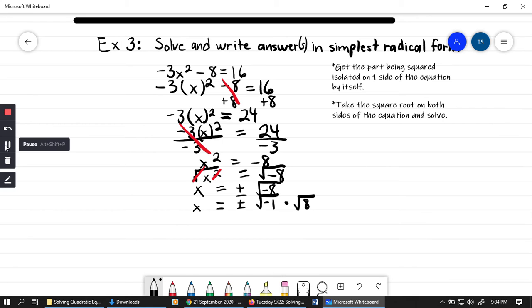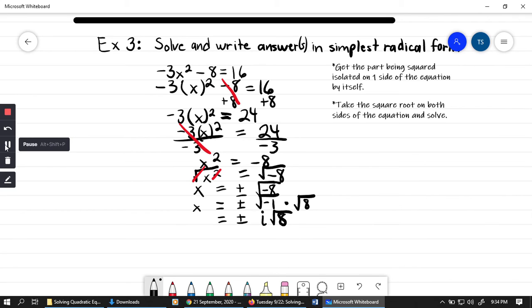And we had said that square root of negative 1 is the same thing as i, that basic imaginary unit. So we've got i, times the square root of 8. So i times the square root of 8 will be how this is written.